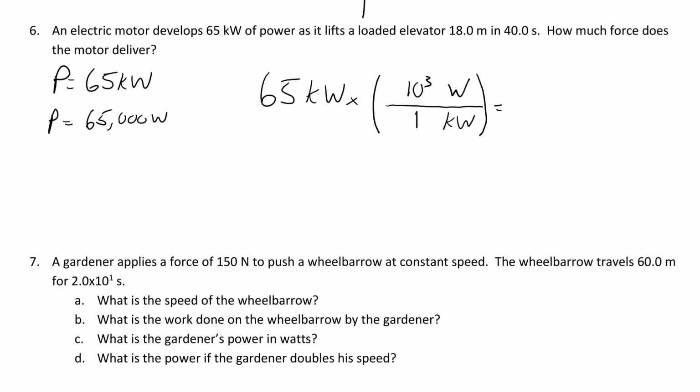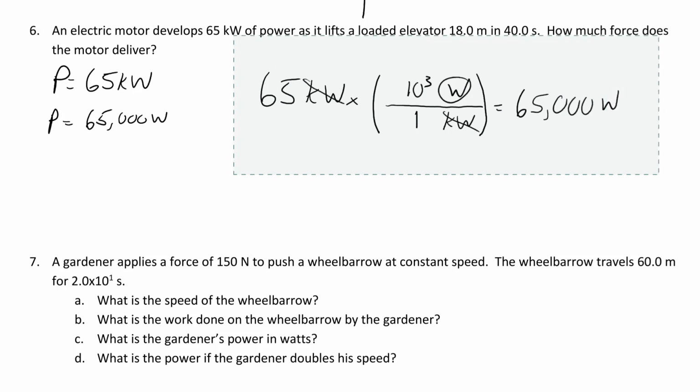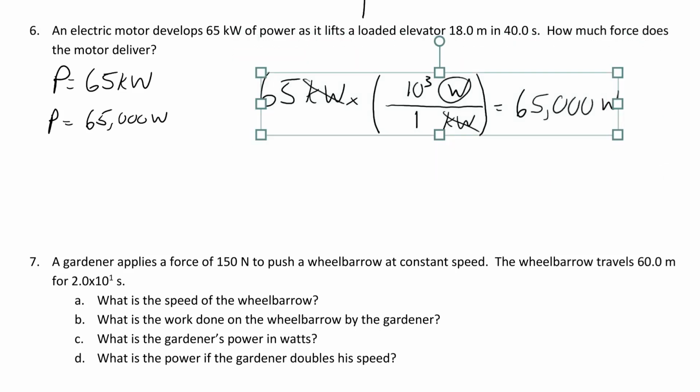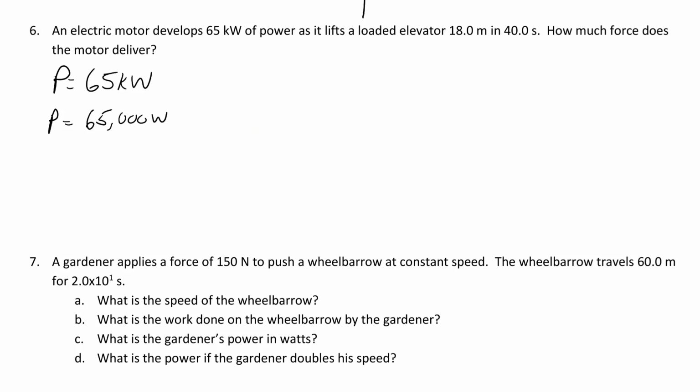So you get 65 times 10 to the third, or 65,000. And again, the kilowatts cancel, and you're left in watts. Just to show you that you could do it that way in case you're ever lost, this method right here will work every single time as long as you know what the conversion factor is. There's no guesswork involved as to, oh, do I move it to the right or do I move it to the left? You don't have to guess. It's math. That's the good thing about math.